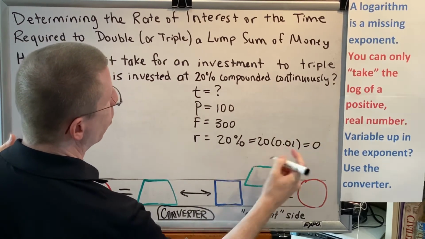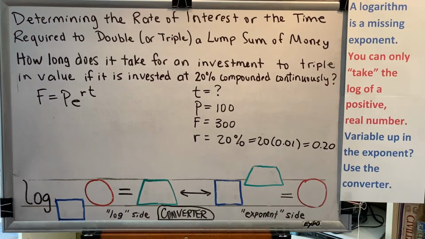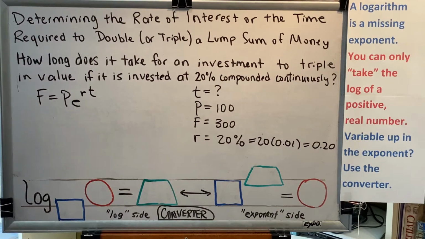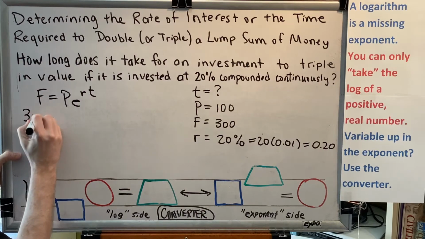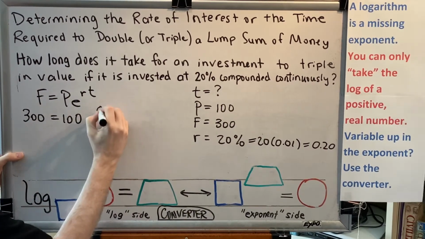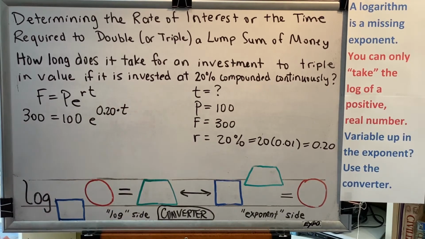So if you multiply 20 times 0.01, you get 0.20. And compounded continuously, E is a mathematical constant. We have everything we need. So let's plug in. F equals 300, P equals 100, E to the 0.20 times T.